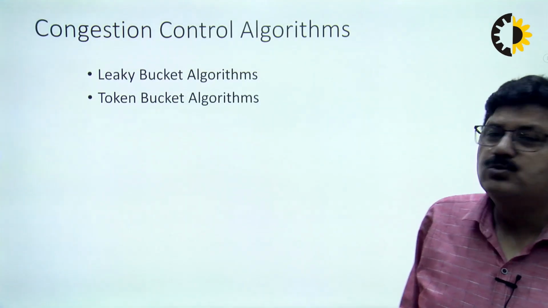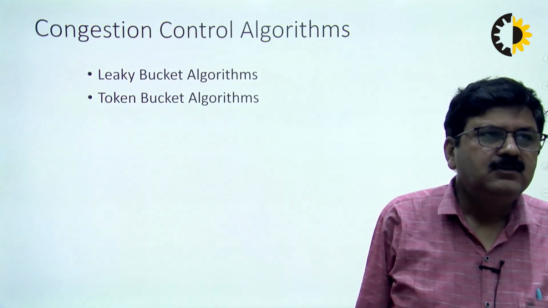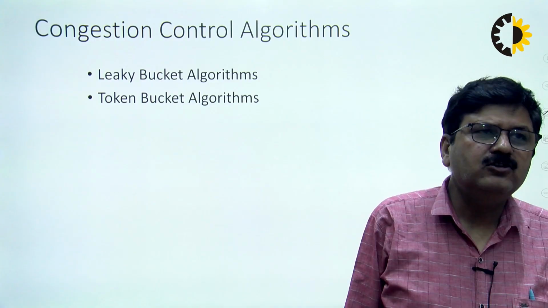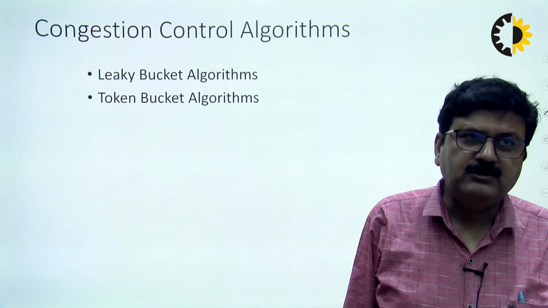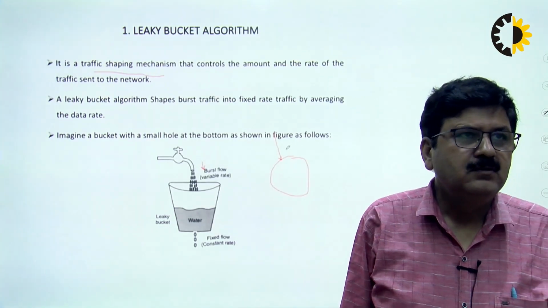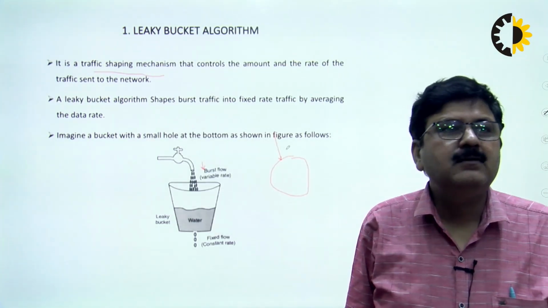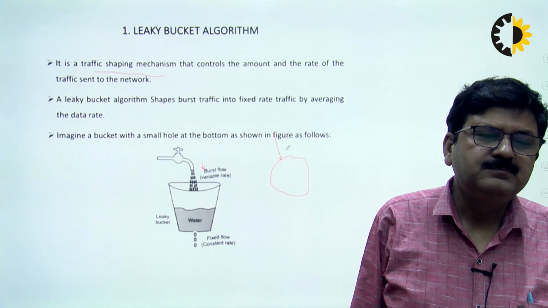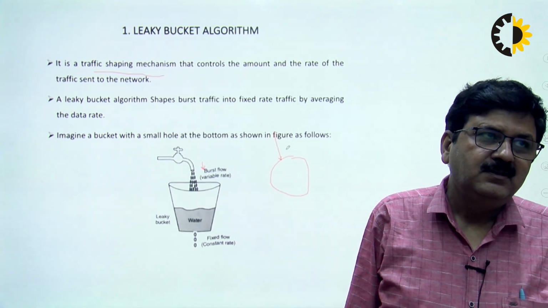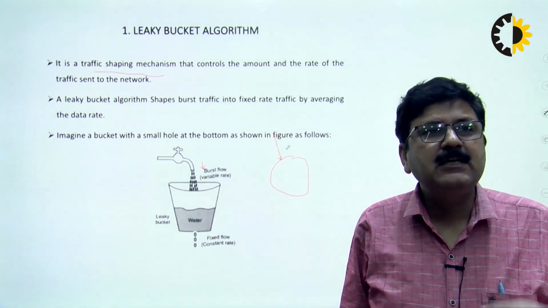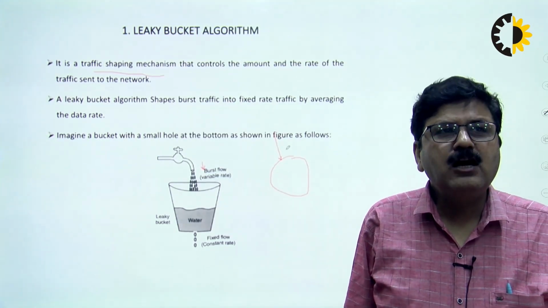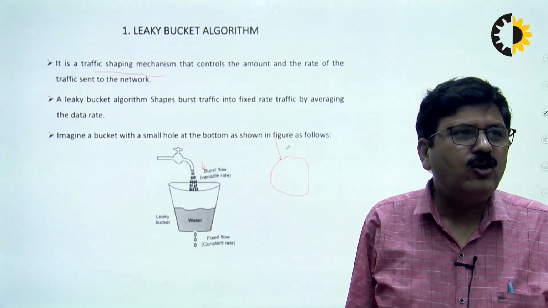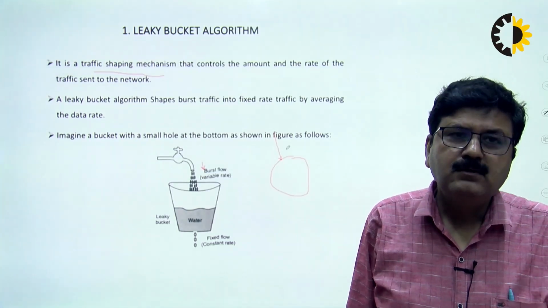There are two algorithms: one is the leaky bucket algorithm and the second is the token bucket algorithm. The leaky bucket algorithm is a traffic shaping mechanism that controls the amount and rate of the traffic sent to the network.